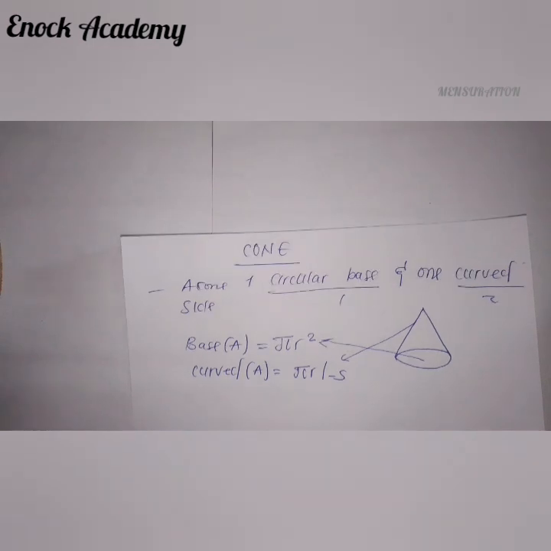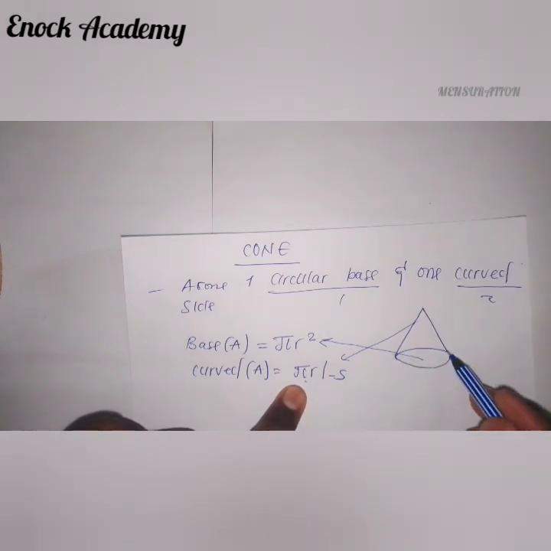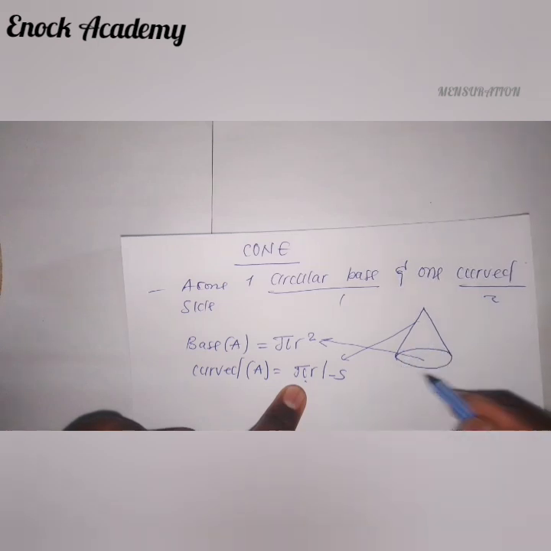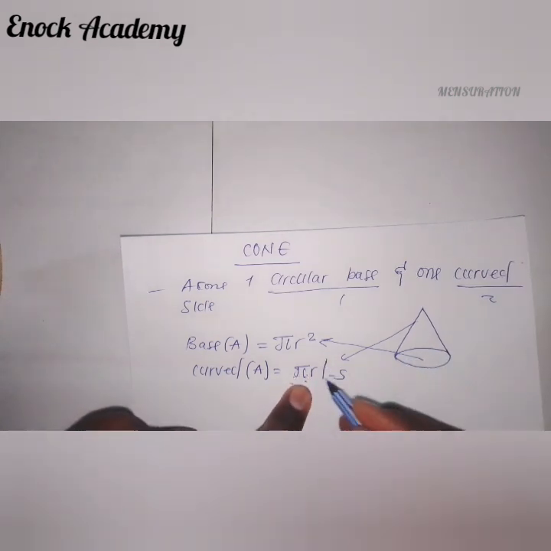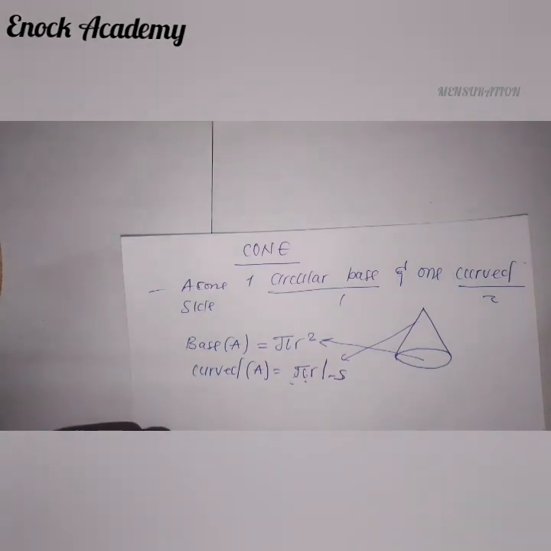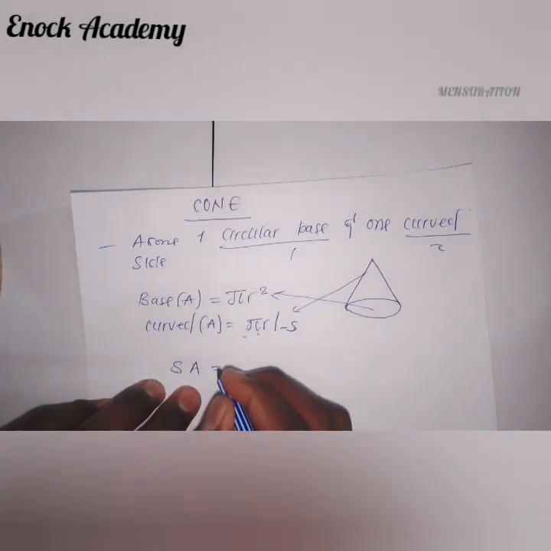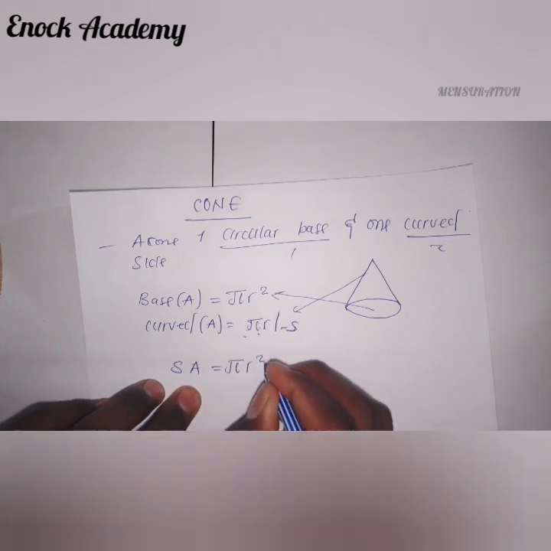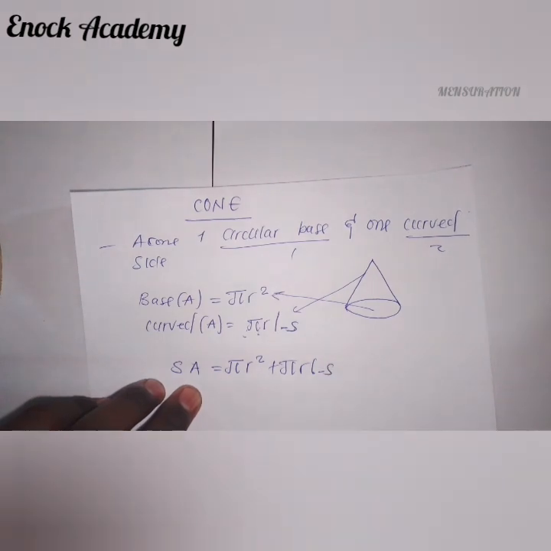This pi r is the circumference of a circle, the length of this circle is what we are referring to. Then the height, we're talking about the slant height. So combining these, the surface area is equal to pi r squared, this plus this, pi r times the slant height, the formula of a cone.